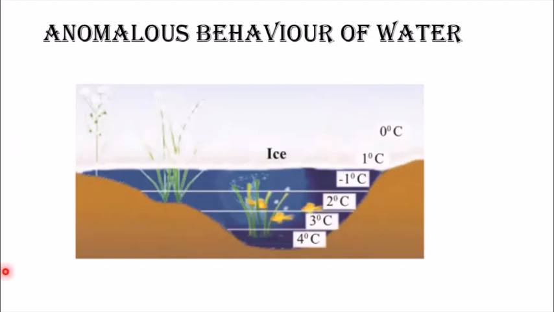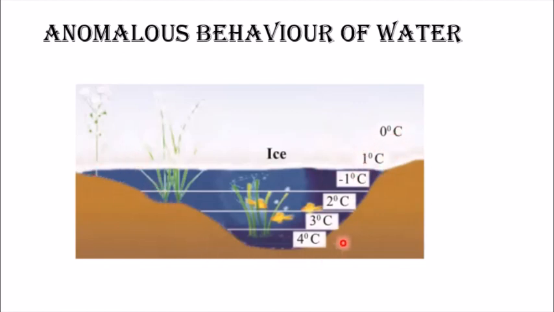Now, you will see that in the snowy region, the upper layer is ice, but still the fishes are there which survive inside. What happens here is, the water starts to freeze. It cools by 4 degrees, 3 degrees, 2 degrees, 1 degree and so on. As it reaches 4 degrees Celsius, its density starts decreasing. And the topmost layer, that is at 1 degree and 0 degree, is where ice is formed.